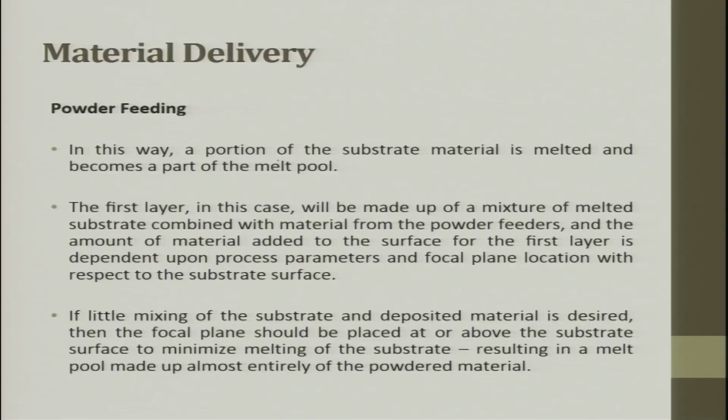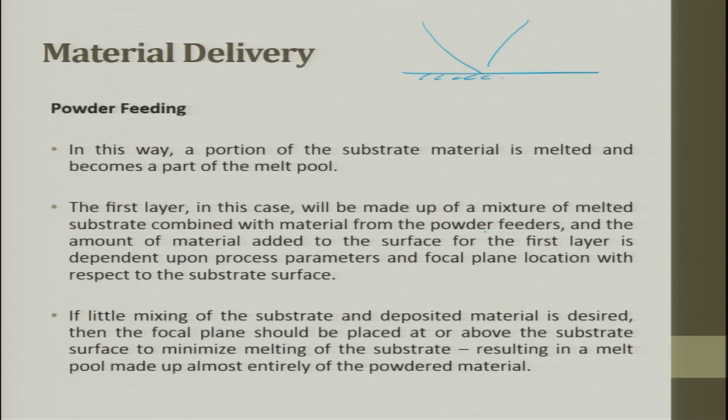In this way, a portion of the substrate material is melted and becomes a part of the melt pool. The first layer in this case will be made up of the mixture of melted substrate combined with the material from the powder feeder. So, in one place it is all molten, now a new powder is hitting.